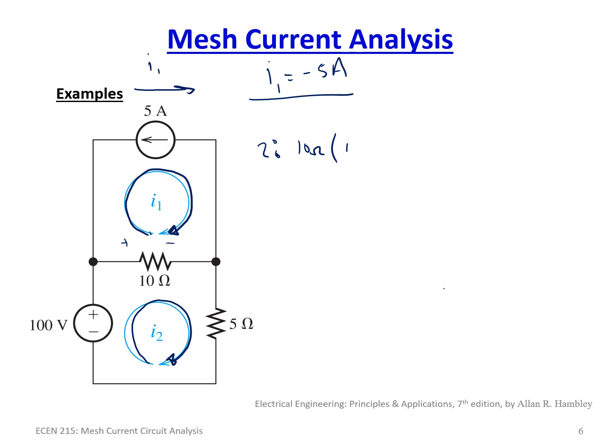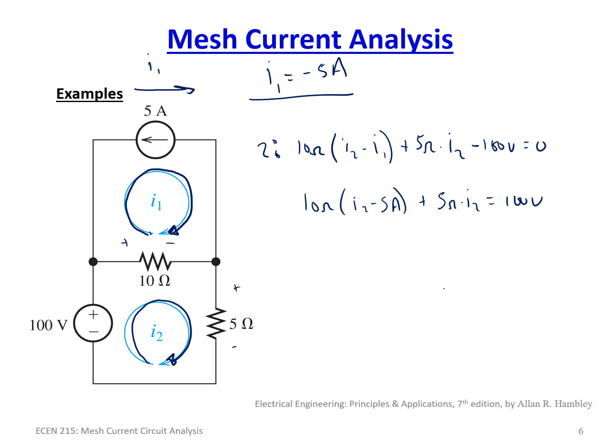So we have 10 ohms times I2 minus I1, which is known now, plus the voltage drop across the 5 ohm resistor, which is 5 ohms times I2, minus 100 volts is equal to 0, which we can rewrite as 10 ohms I2 minus, in this case, 5 amps plus 5 ohms times I2 is equal to 100 volts, right?